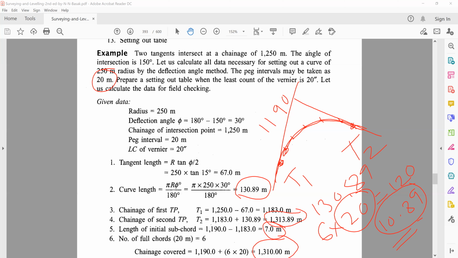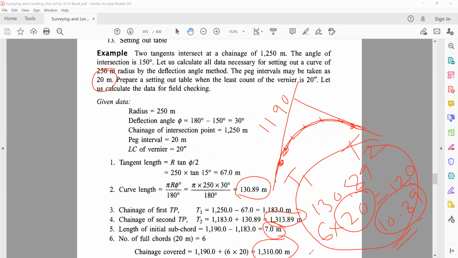For example, another way would have been I don't convert 1183 to 1190. I don't have to do that. So I can use this method that we discussed before. Use 20 meters chord length, and at the end, use a chord length of 10.89. So that depends on you. You don't have to follow this convention. But since the book has done it in this way, I had to explain it.